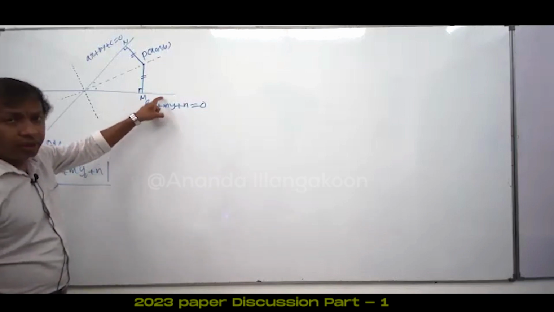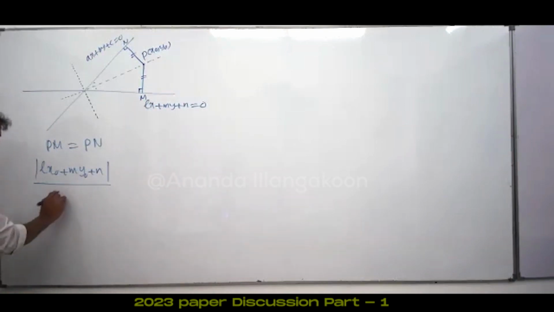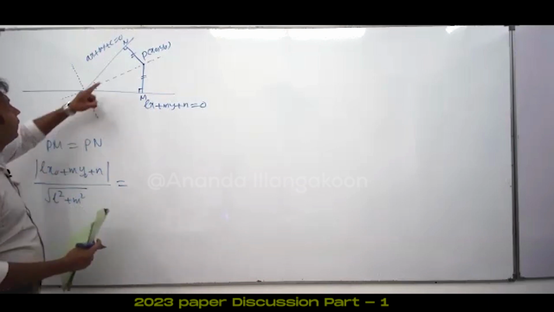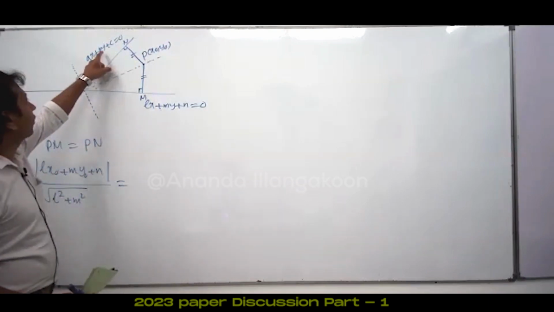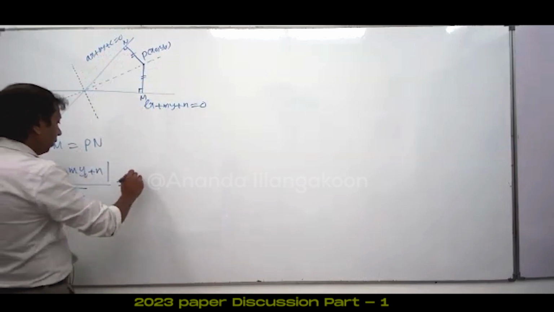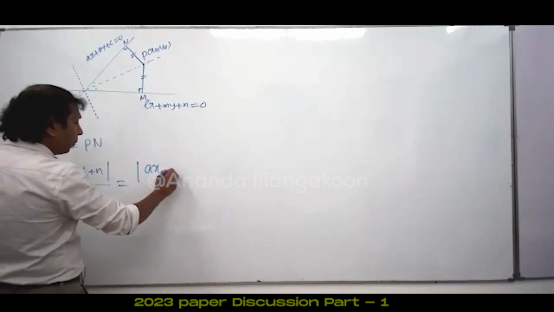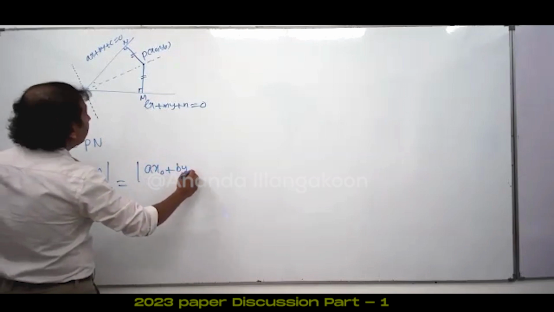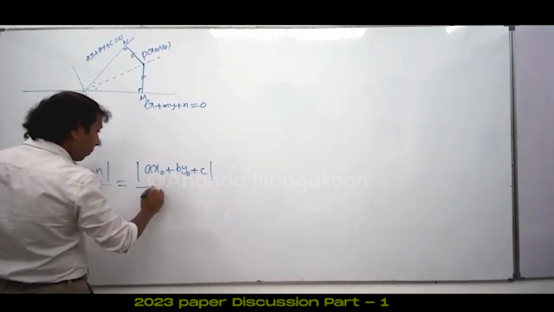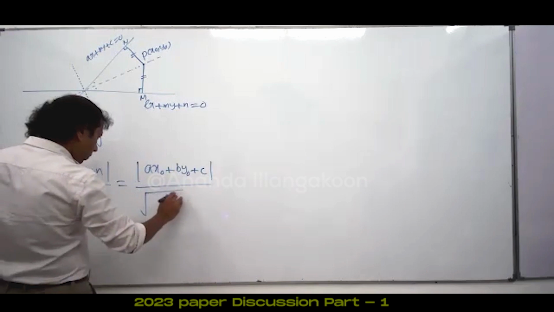Root of l squared plus m squared. Similarly, this length we take substituting for x and y, x0, y0, right? Modulus of ax0 plus by0 plus c, divided by root of a squared plus b squared.